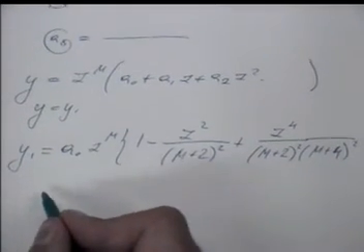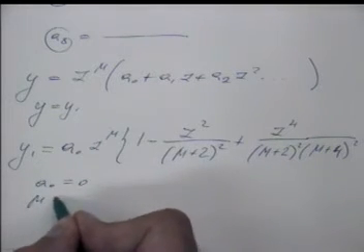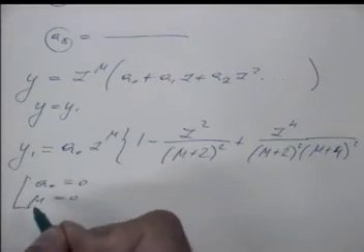So from before we know that a0 should equal 1, or mu should equal 0.